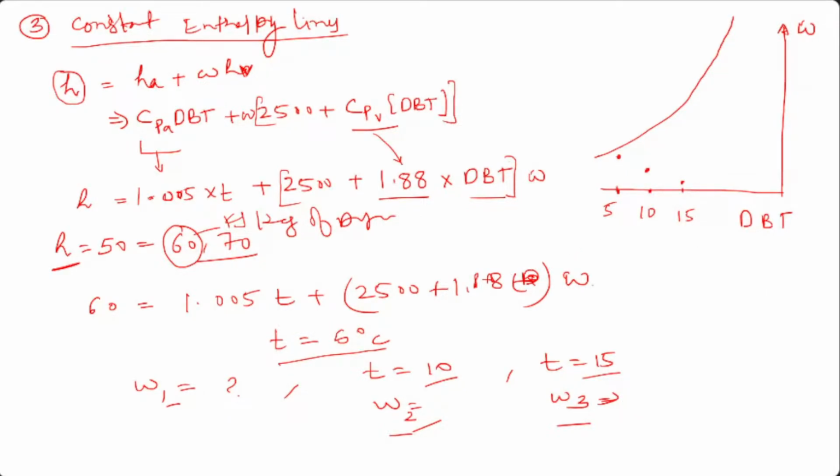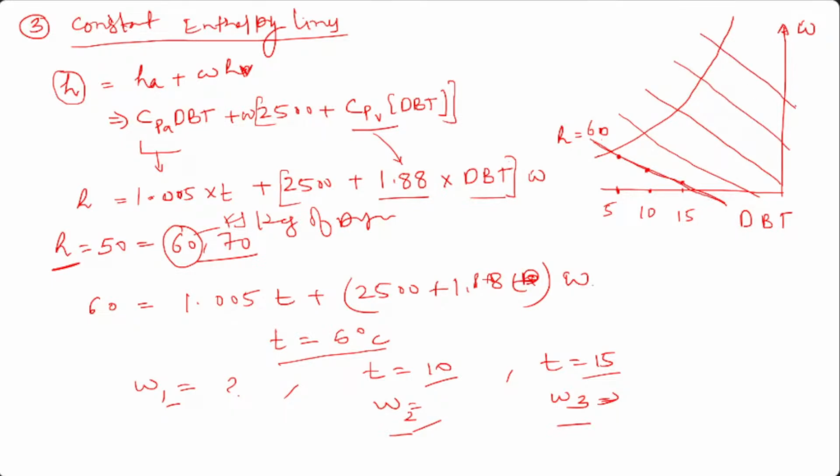Is it clear? So what you have to do is match these points. What does this line represent? It represents H equals 60. Yes, sir. Okay. Now similarly you can calculate for another 60, 70, 80.